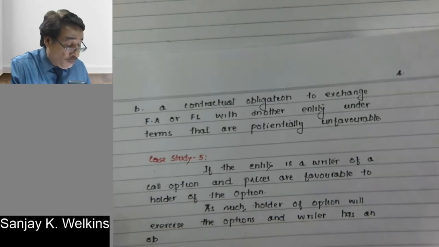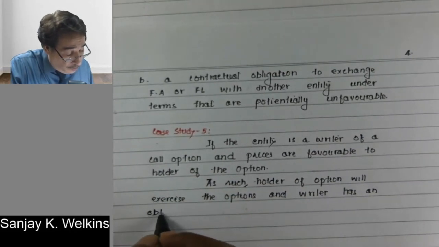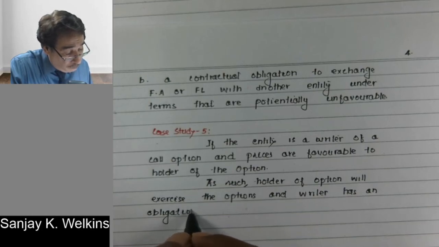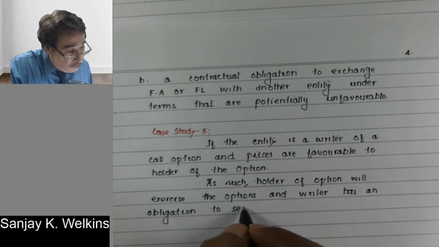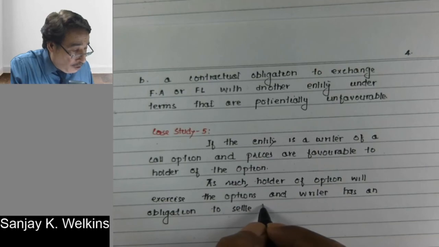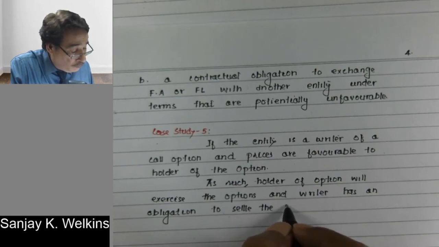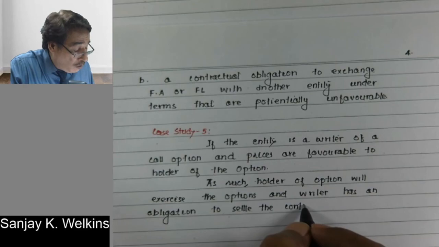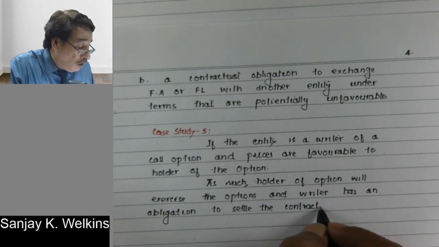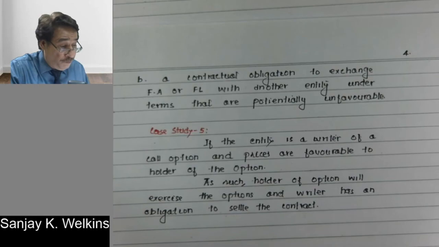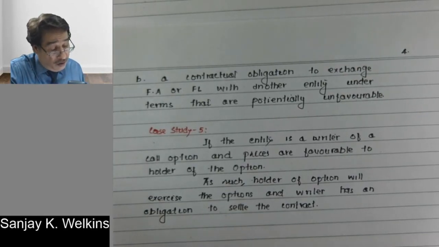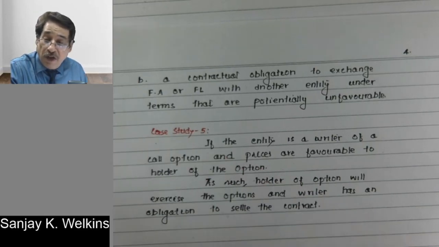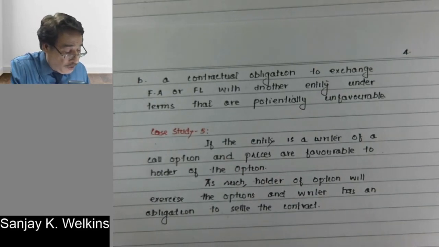You cannot say no. The writer has an obligation to settle the contract. So even though conditions are unfavorable, they are under an obligation to settle the contract. So such contracts are also considered as financial instrument and financial liability.